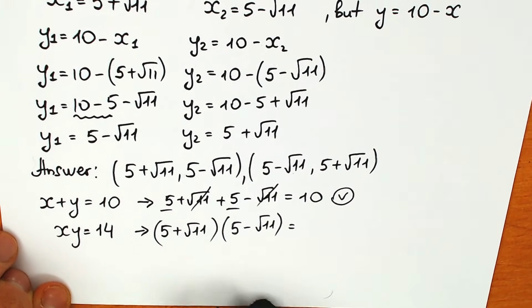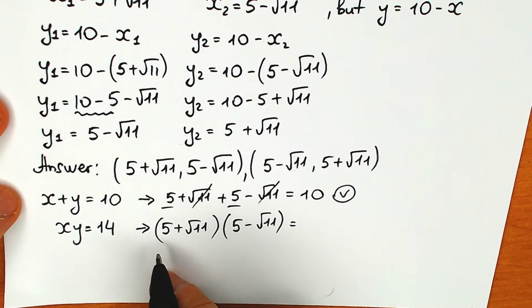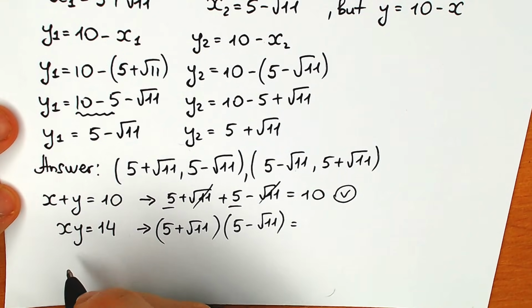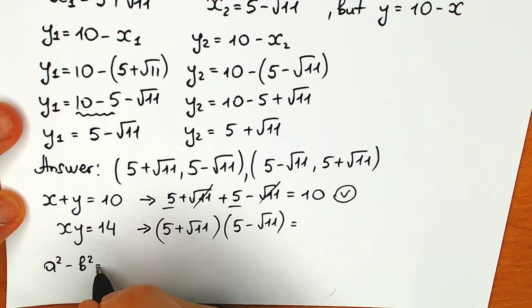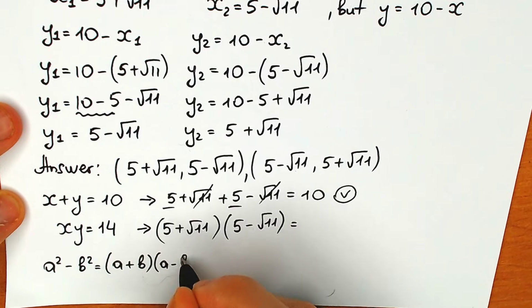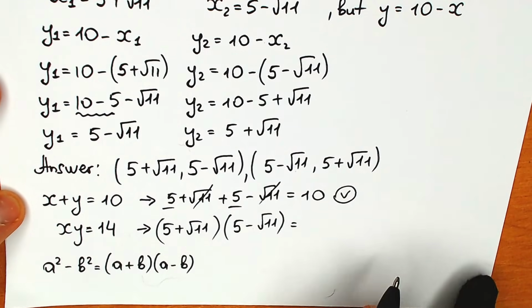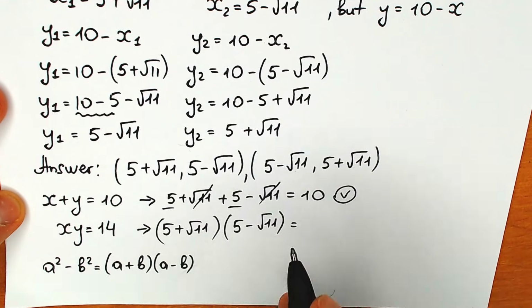And from this perspective, this is a difference of squares, because if you remember this really tricky, really important and of course really popular formula, a square minus b square is equal to a plus b times a minus b. Difference of squares.